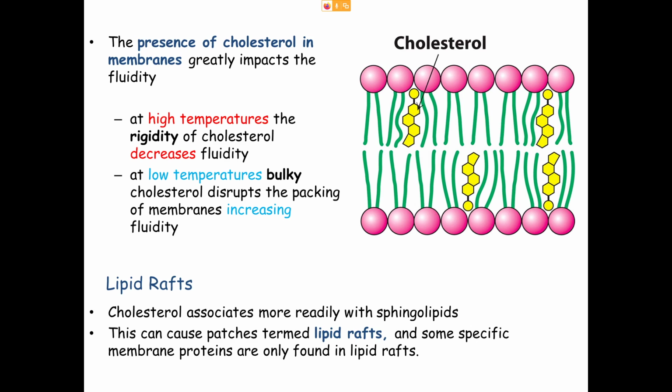Right? They tend to stick to them. And we call these lipid rafts because the lipids that are higher in concentration of sphingosine in that region tend to have more cholesterol associated with them. And this is a player for certain proteins that might bind to that, certain cofactors like to bind to that, and it has certain properties that the membranes without the sphingolipid and cholesterol groups don't have.